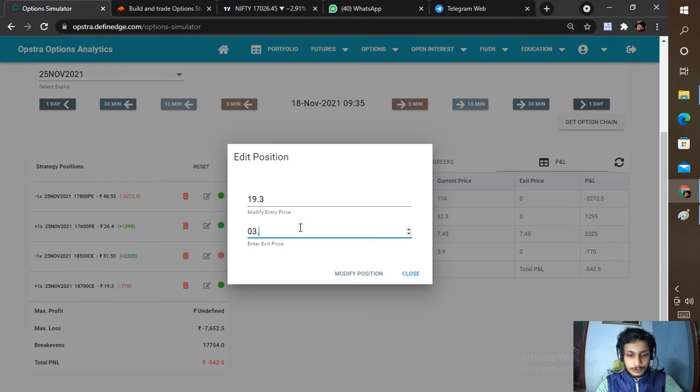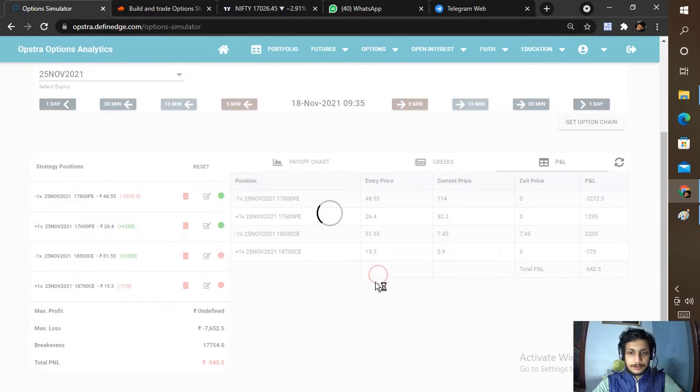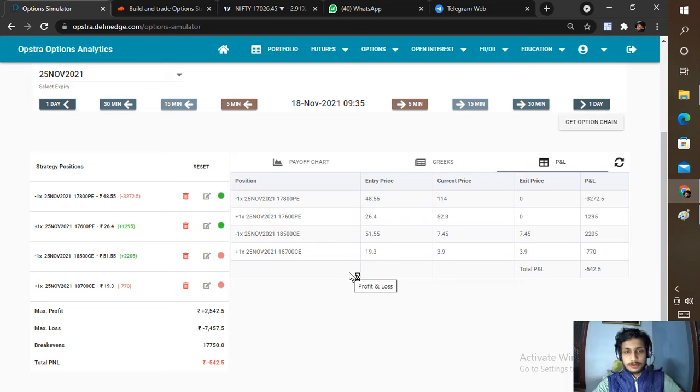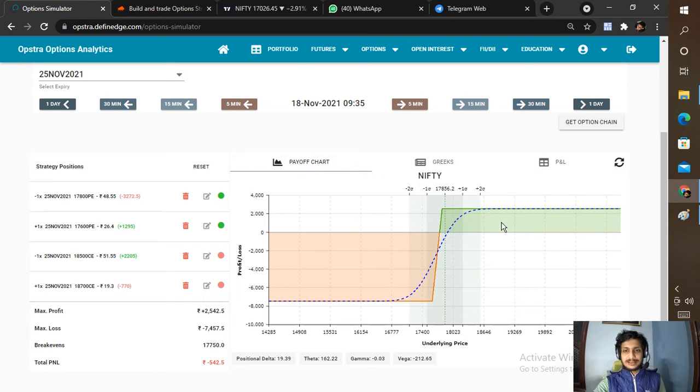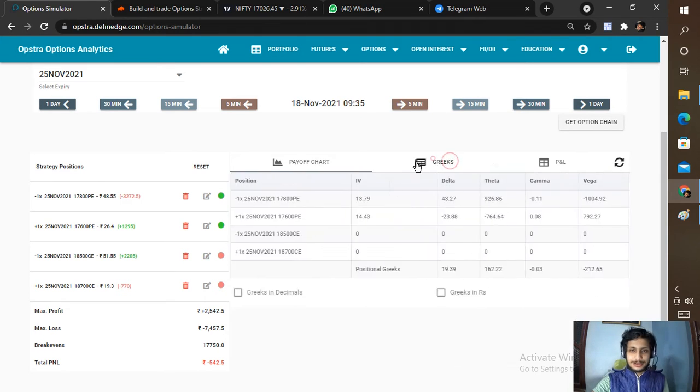So see, we have realized 1500 rupees gain, and right now we have closed this call side. We have to replace this call side in order to make this position delta neutral, because right now this is simply a credit spread. We have to make this a non-directional position. So we have to replace this thing.